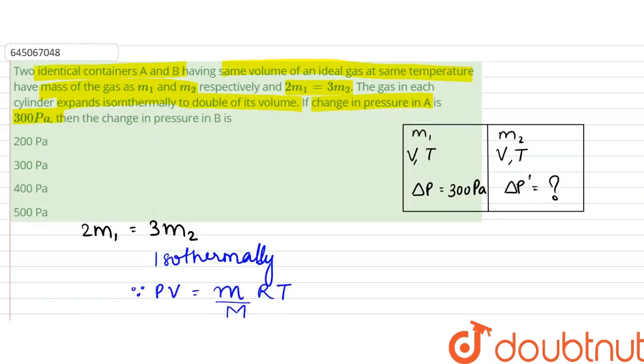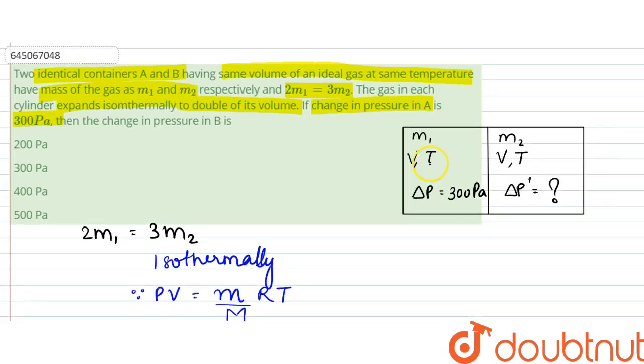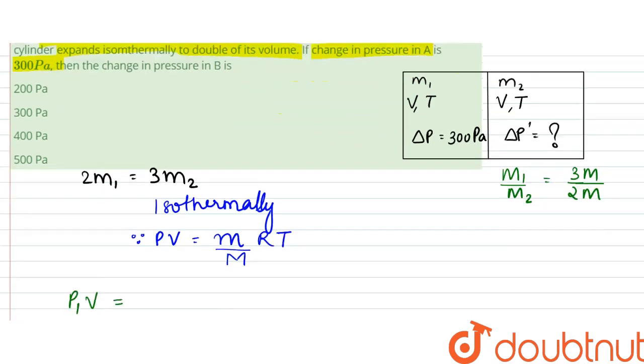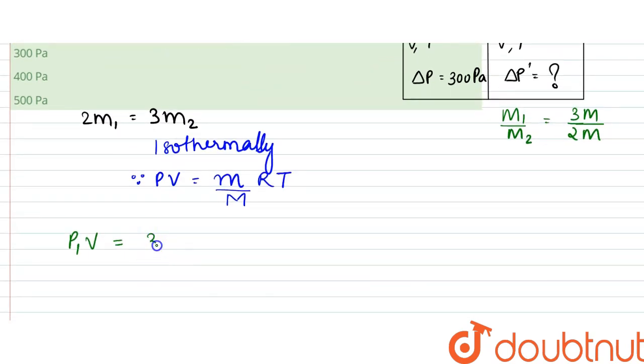The mass M1 is equal to, so they are in the ratio M1 by M2, which is 3 by 2, 3M by 2M, let's say. So it is 3M RT, so P1 would be equal to 3M RT by V.